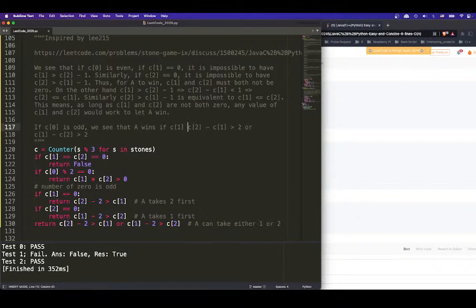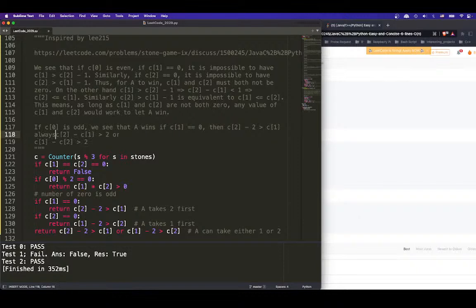If C1 is equal to 0, then C2 minus 2 larger than C1 always holds.